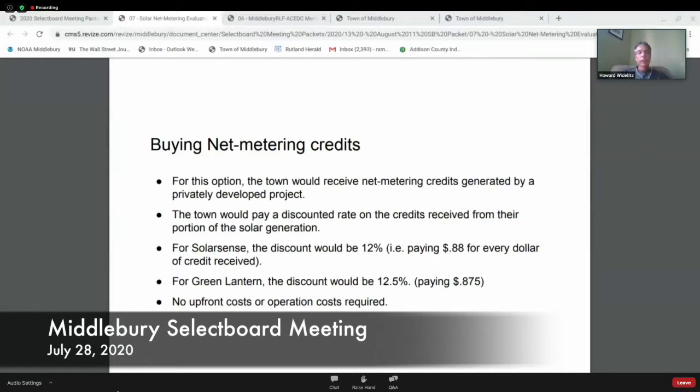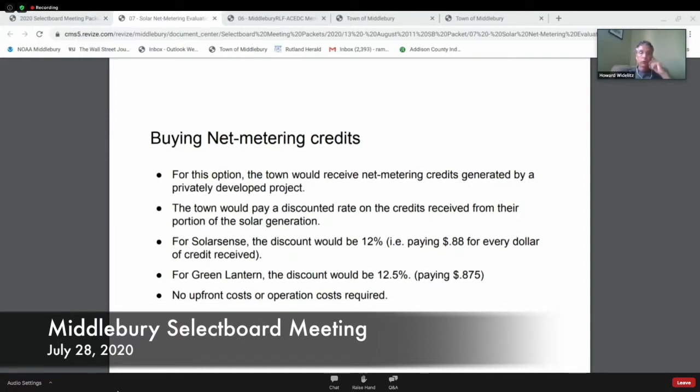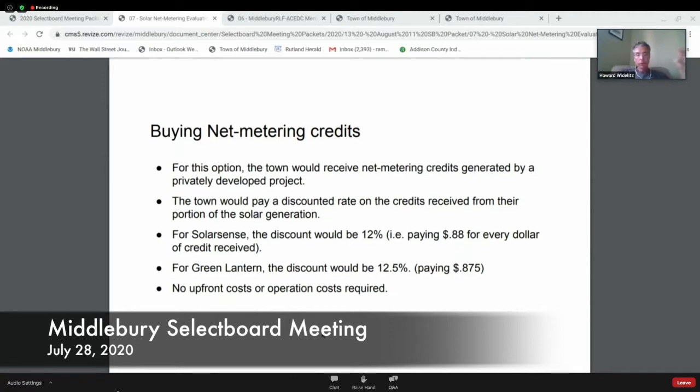So it's really just getting electricity at a discounted rate. No upfront costs are necessary for this. You just sign the contract and away you go once they're ready to include you in the array. Some of them are still building the array, so there's some delay as far as when that contract would be able to start.